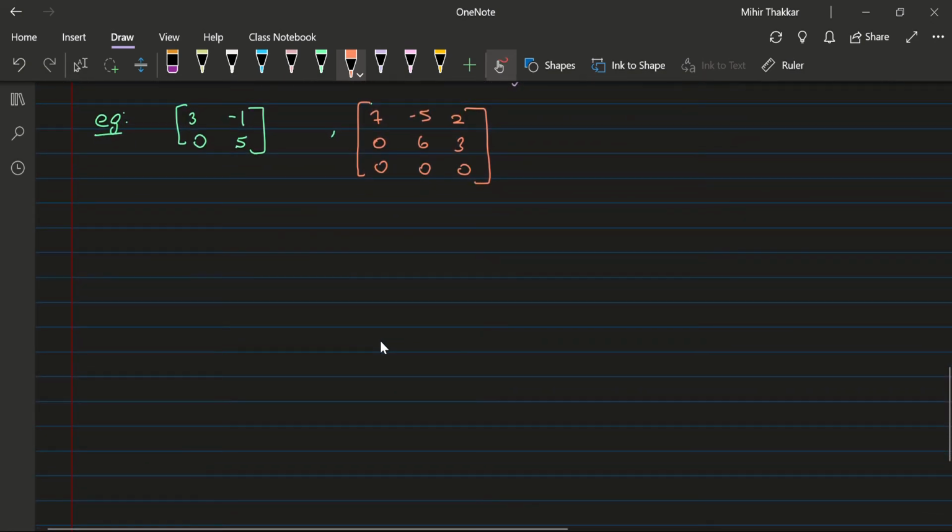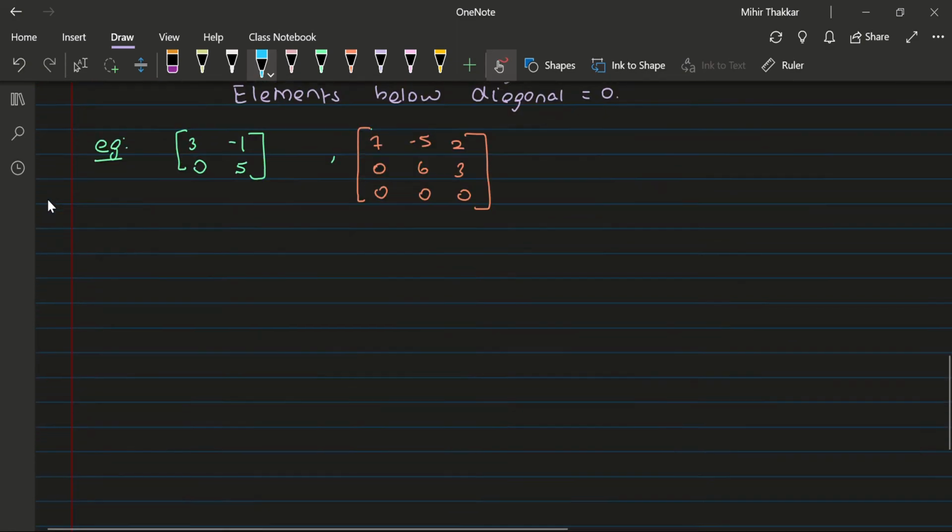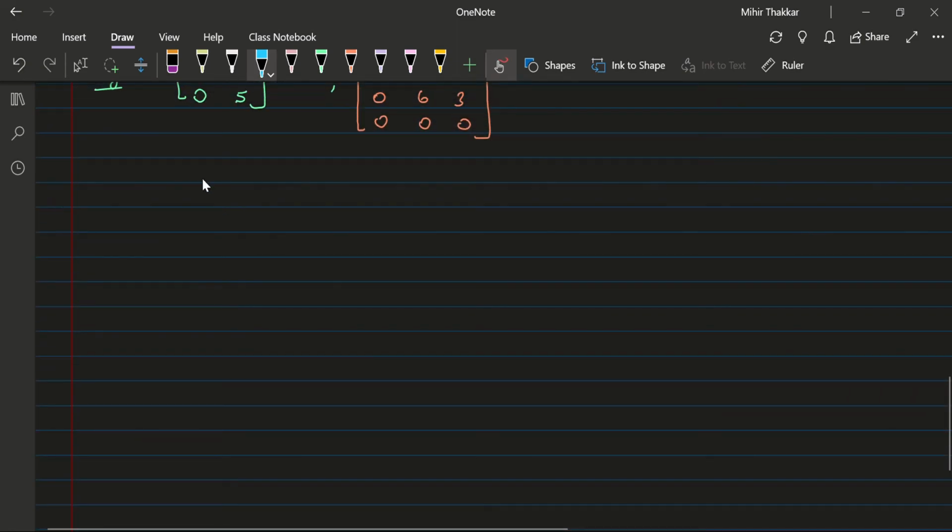After this, a similar matrix that we have got over here, it is called as the lower triangular matrix.